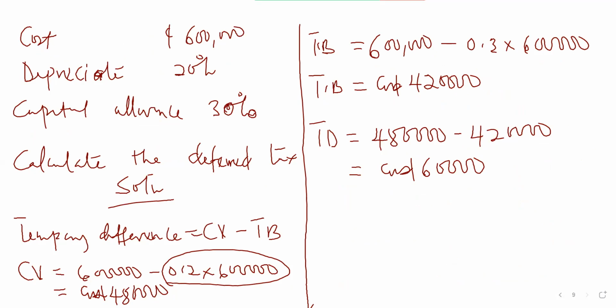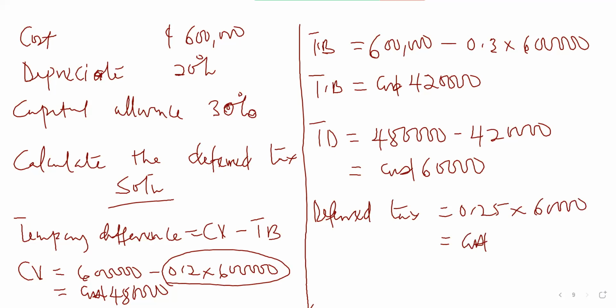So what we do is that our deferred tax is now, let's assume the tax rate is 25%. So 0.25 times what? 60,000. 15,000.